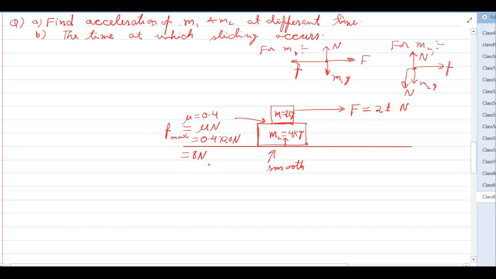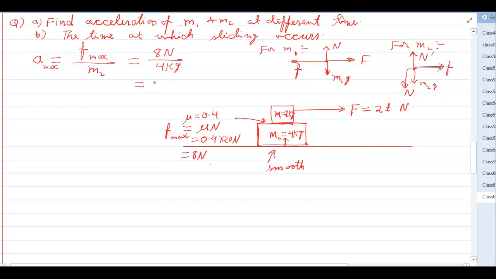So if the maximum friction is 8 Newton, what is the maximum acceleration possible for this object? The acceleration of the lower object is due to friction only, so the maximum acceleration is the maximum friction divided by the mass of the lower object: 8 Newton divided by 4 kg.